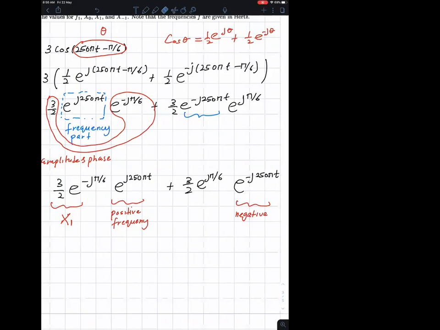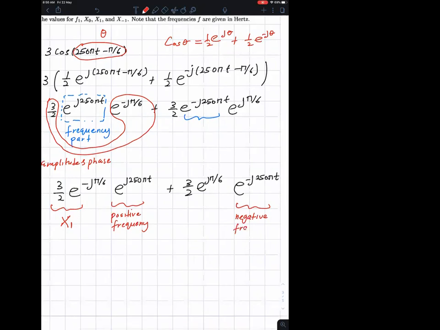So from there you will understand that's related to negative frequency. So the coefficient, or the amplitude and the phase associated with the negative frequency is x minus 1.